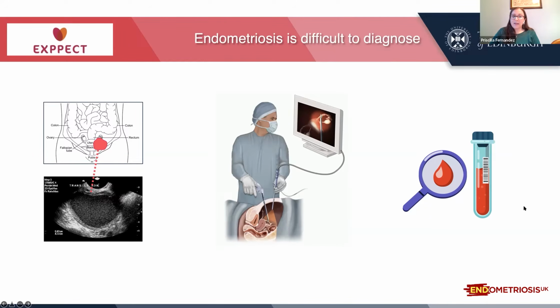But the gold standard for endometriosis diagnosis is to have a diagnostic laparoscopy, because it's the only way to visualize the endometriosis in the pelvis or wherever it may be in the organs. You may undergo bowel investigations and investigations to do with your kidneys, your urology, and we also recommend that you have STI screening, just to rule out any causes of your pain or symptoms that could be treated quite easily, for example with antibiotics.